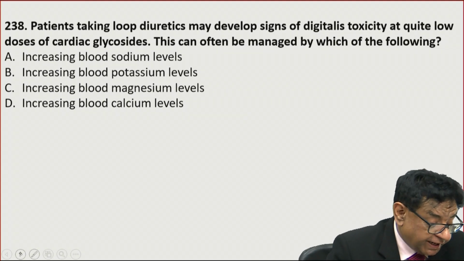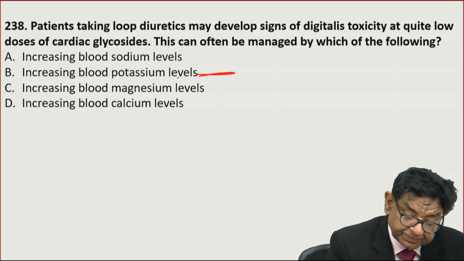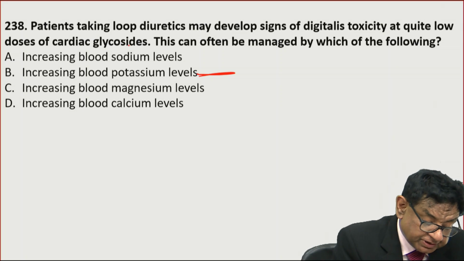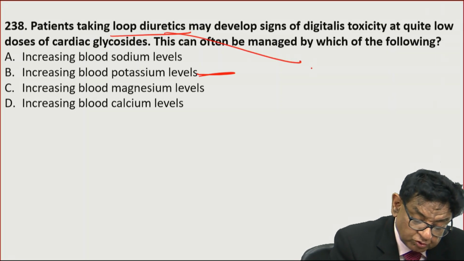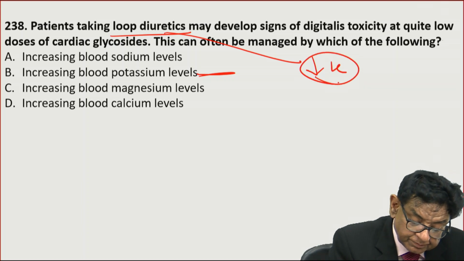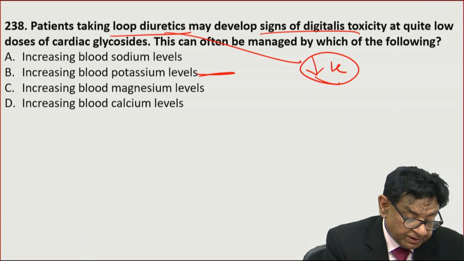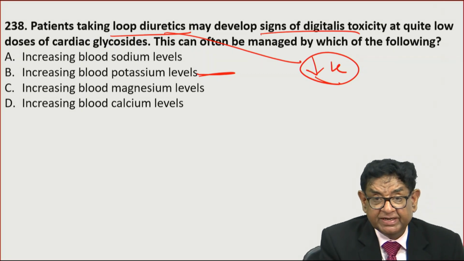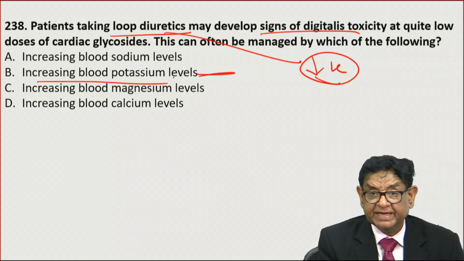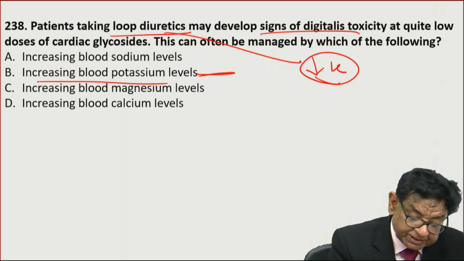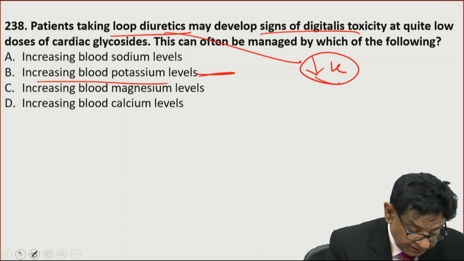Well, 238, potassium level. Okay, we are using loop diuretics. They are known to cause hypokalemia, and hypokalemia precipitates digoxin toxicity. So in this case, definitely you have to take care of the potassium level. Now there's a certain beautiful question. We are talking about digoxin toxicity. What are the common arrhythmias that we see in digoxin toxicity?